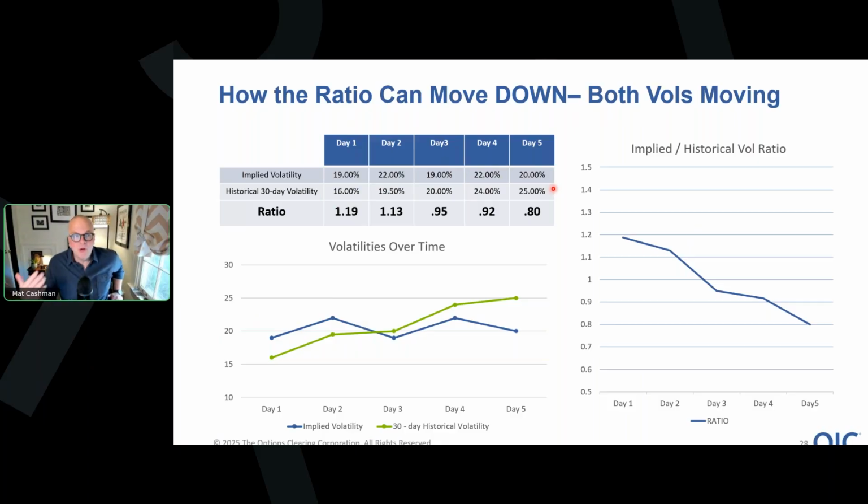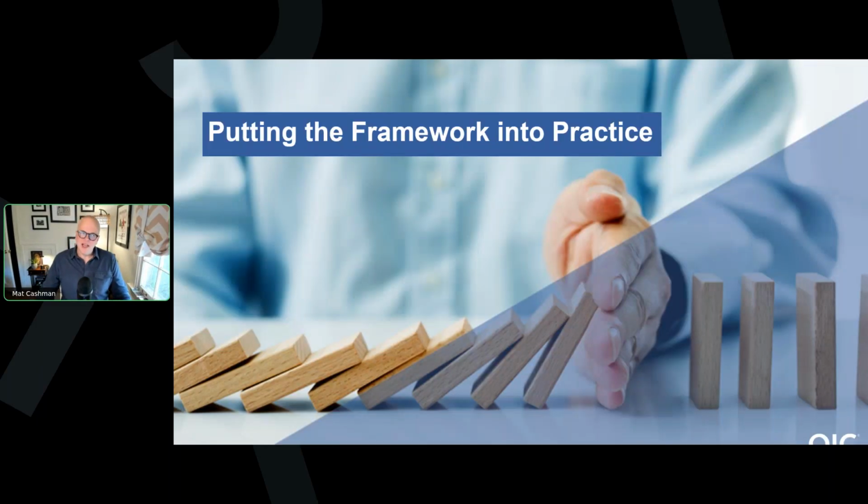But the thing's moving around a lot more on day 5 than it was on day 1 when you sold the options. And so you might be losing on movement. And the reason why is because this ratio, when you started and sold it from a 1.19, is now a 0.80, meaning the thing's moving around a lot more than the implied vol is pricing. And that's an issue if you're short options. So it gives you a framework to be able to look at that and understand why things are happening in the way that they are as far as your P&L is concerned.